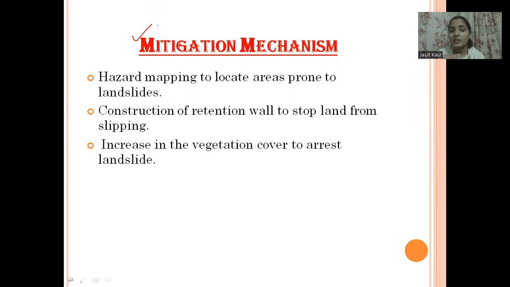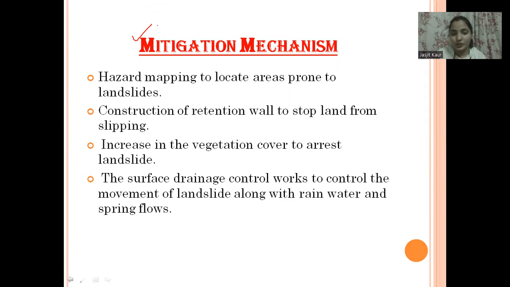So we need to increase the vegetation cover so that the soil is held together and the landslide will not happen. And the last point is surface drainage control works to control the movement of landslides along with rainwater and spring flow. We have to control the surface drainage so that the flow of water slows down.